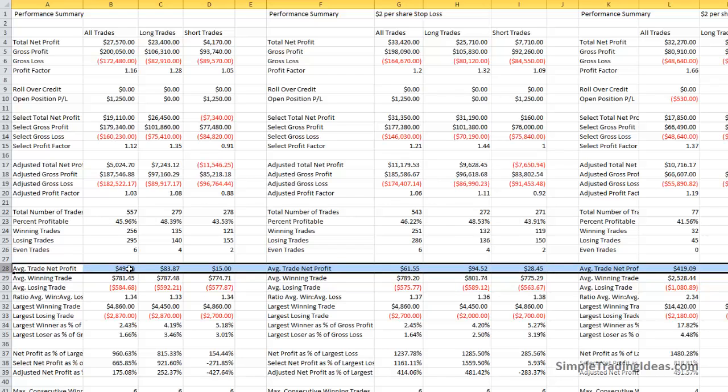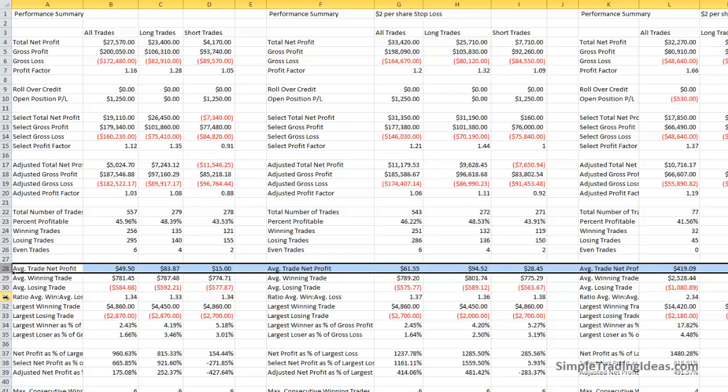So let's look at this. All right, there we go. Average trade net profit. It's a little bit higher there. Look at the average trade net profit here. It's not 10 times as much as that, but it's much greater than either of these. So that's always something that's interesting to look at.